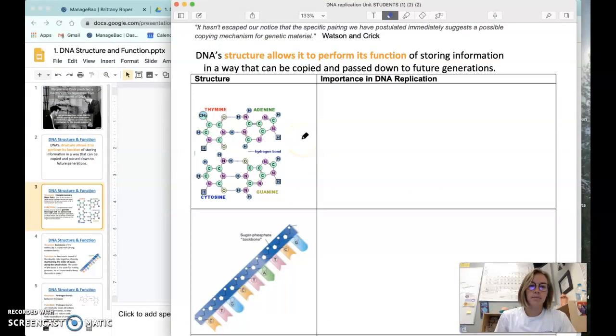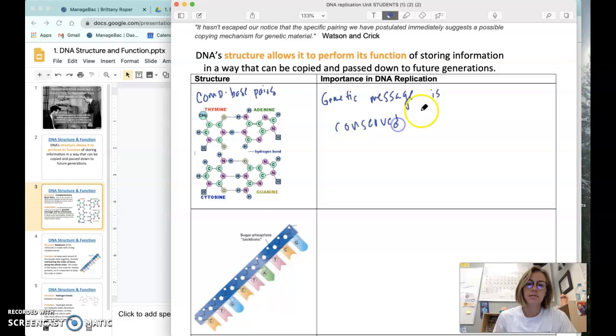So up here, I'm going to write on my notes packet, complementary base pairs. And this is the genetic message is conserved as a result of these complementary base pairs.